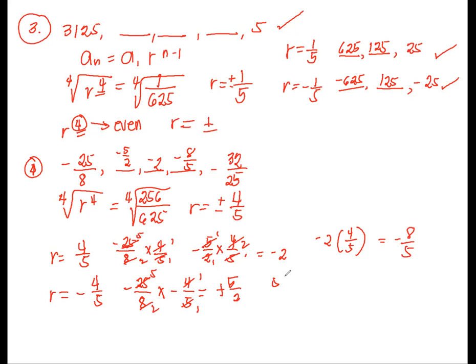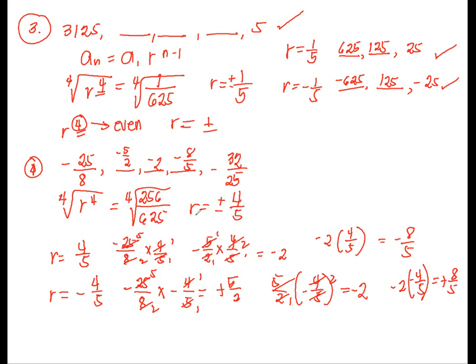Then positive 5 over 2 times negative 4 over 5. 1, 1, 2, 1. So it's positive 2. Negative, negative 2. Then negative 2 times 4 over 5, which is also negative. You'll have positive 8 over 5. So actually, they are the same.